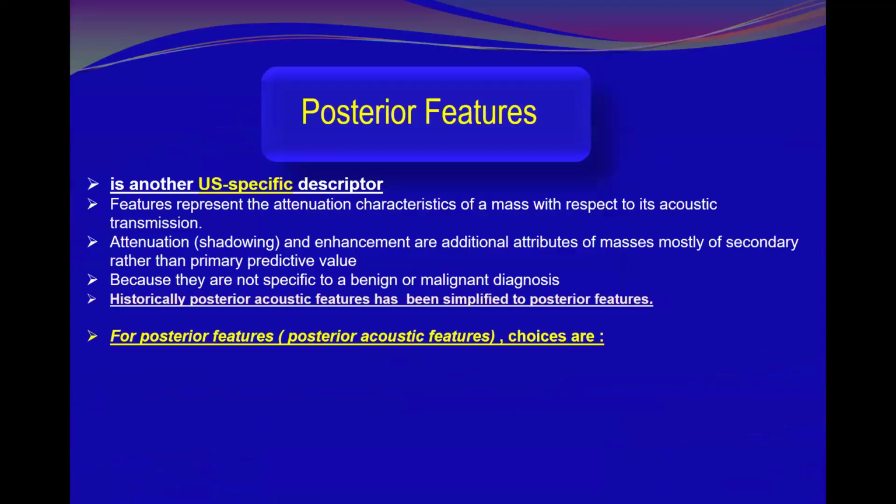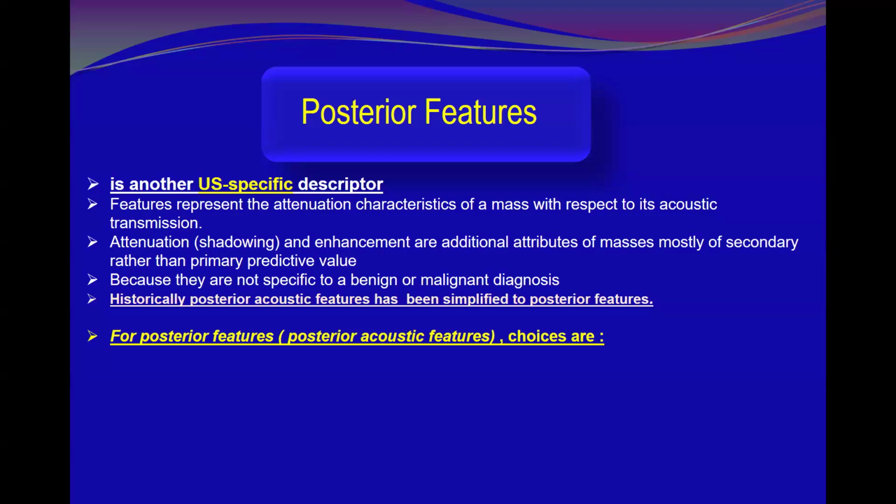Excellent. Okay. So regarding the posterior features, they are also unique descriptors, specific to ultrasound. And what does it reflect? This feature reflects the attenuation characteristic of the sound across the lesions.